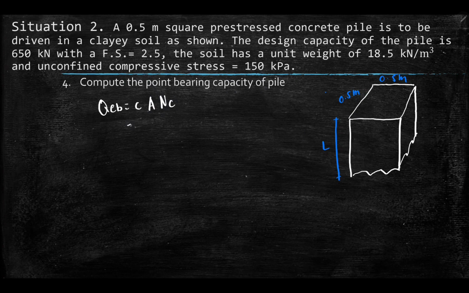Since QU is given, we know from the triaxial test that when dealing with unconfined compressive stress, we have no chamber pressure or confining pressure. Therefore, our minor stress is equal to 0 and our major stress will be our unconfined compressive stress, QU.